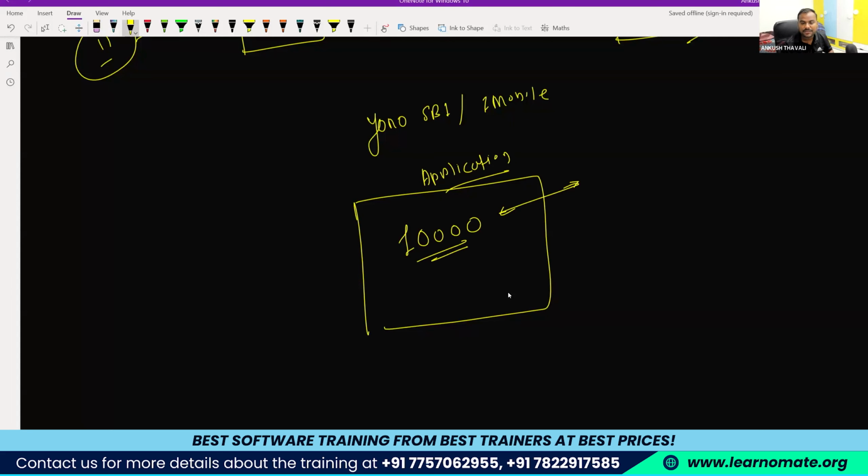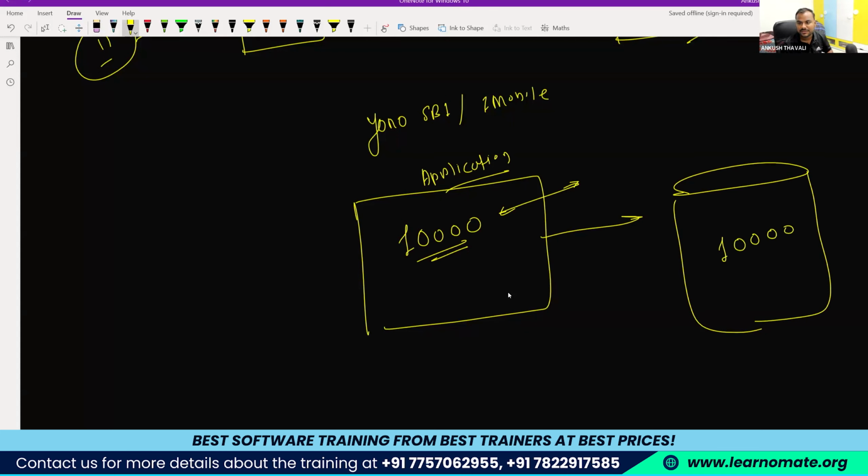This 10,000 rupees is basically stored in a database. The database is having the actual value. So when you withdraw 1,000 rupees and you see 9,000 rupees, that 9,000 is actually available inside your database.